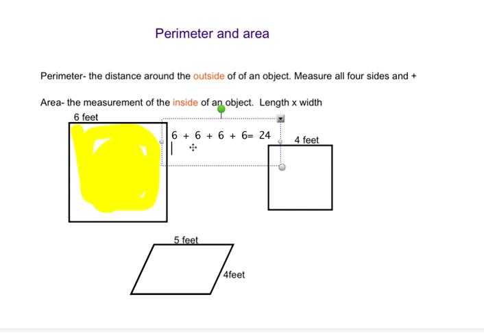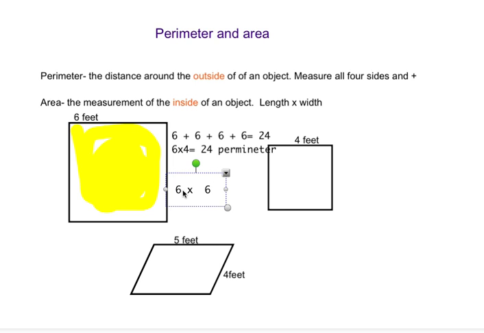I could also do 6 times 4 in this case because they're all the same size, and my answer still is 24 for a perimeter. To do area, again, I'm going to do length times width, so 6 times 6, and I'm going to get 36. So my area is 36 feet.